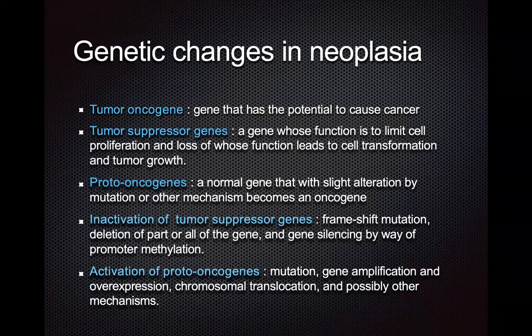To make it easier, a tumor suppressor gene is like a brake, stopping cells from proliferating so hard or without control.